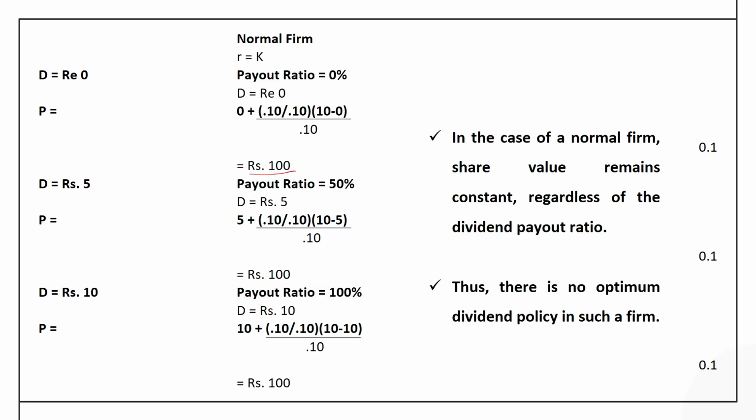In case the payout ratio is 0, it is rupees 100, when the payout ratio is 50%, it is rupees 100, and when the payout ratio increases to 100%, that means all its earnings have been distributed, it is again rupees 100. The concluding remark is that in the case of a normal firm, share value remains constant regardless of the dividend payout ratio. So, a normal firm can have any optimum dividend policy, as the value remains constant.